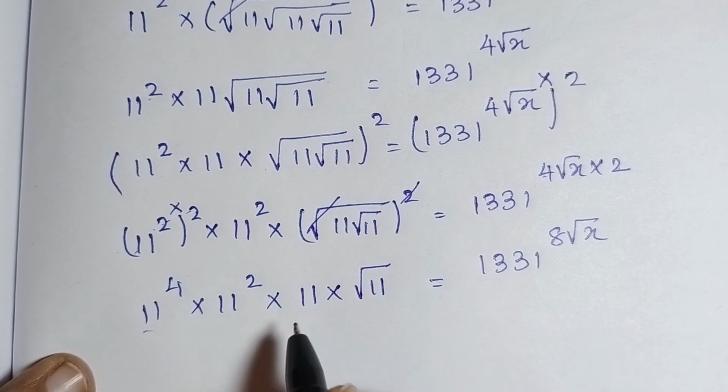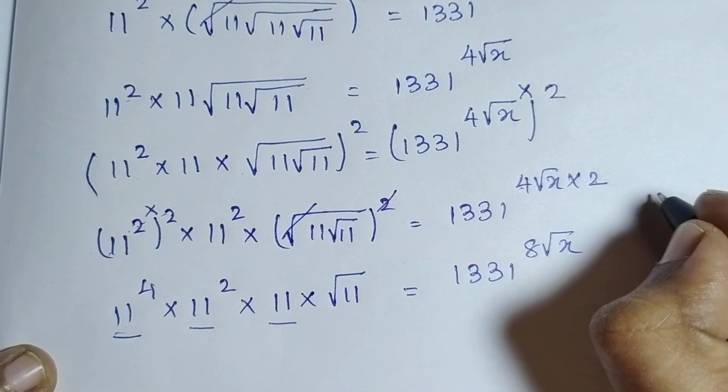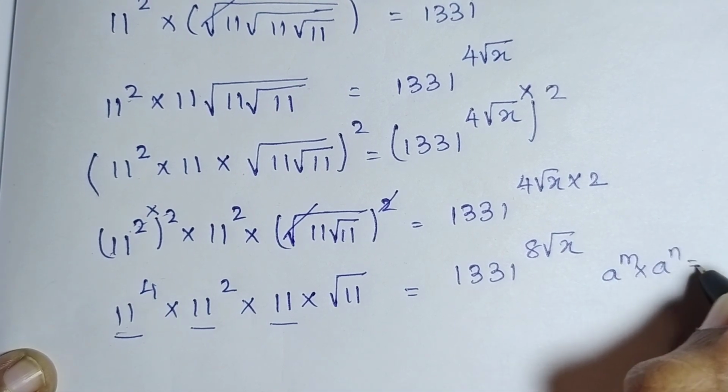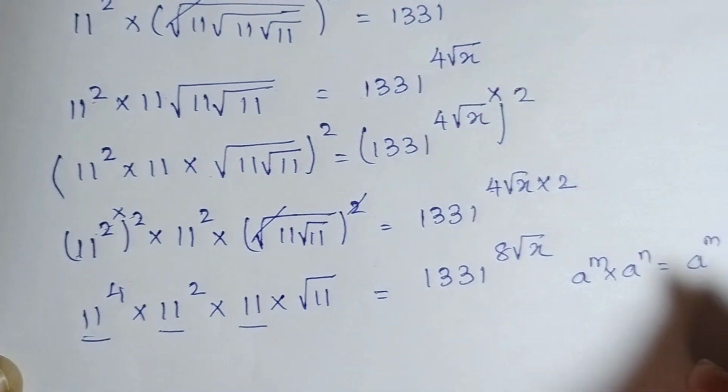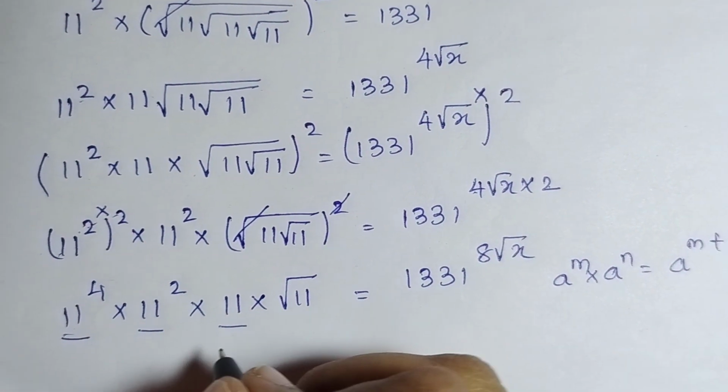So this is in the format of, let's take these three alone, a power m into a power n, which can be written as a power m plus n. Just apply this formula here.